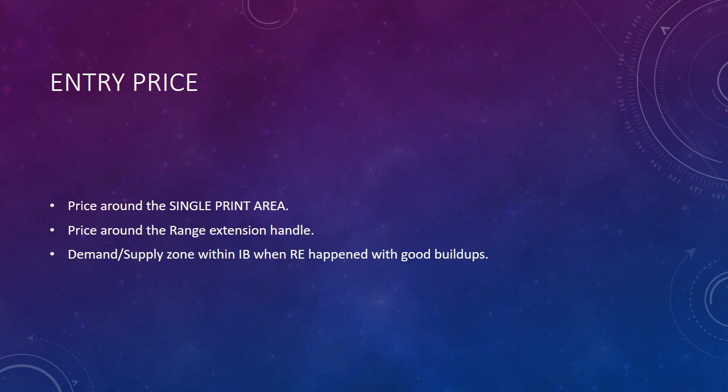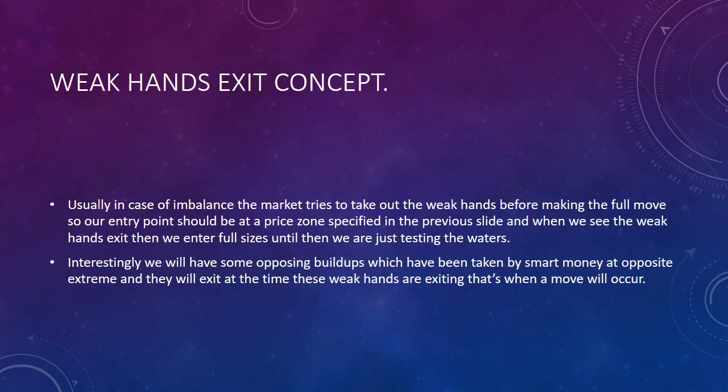Then there is this important concept of the weak hands exit. Why do we use this concept? It is nothing but the stop loss hunts that happen in the market, and these hunts only take out the weak hands.